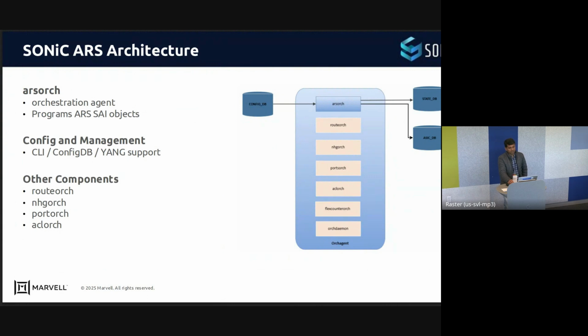The main purpose of the ARS orch agent is communication with the DB, and interacting with the existing orchestrations to achieve ARS in SONiC itself: for the route and NH, handling the NH group and programming those; for the port, enabling ARS on the interface level; and the ACL. There is a provision to control from the ACL level as well.